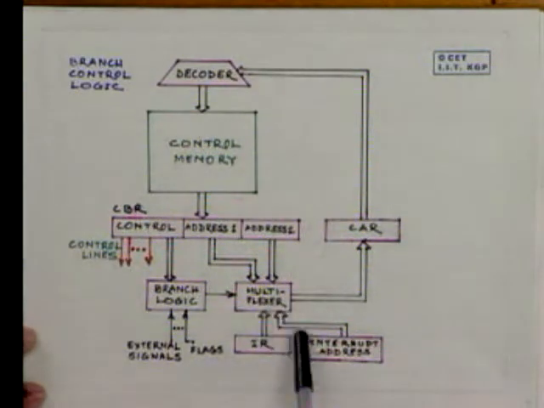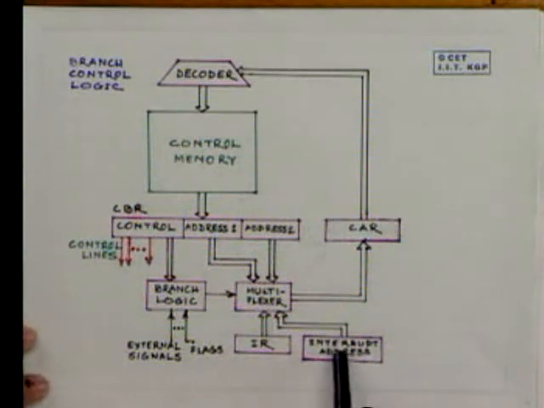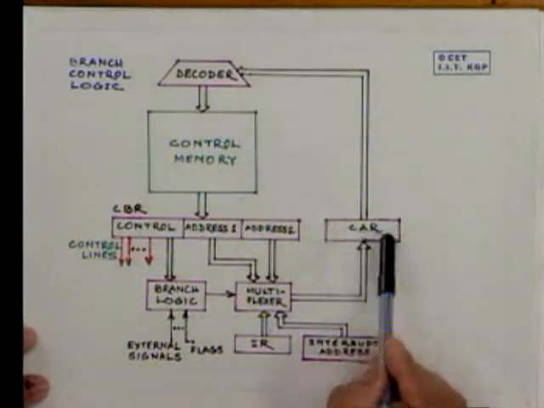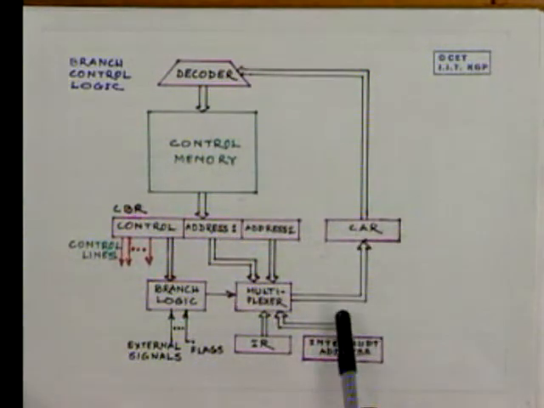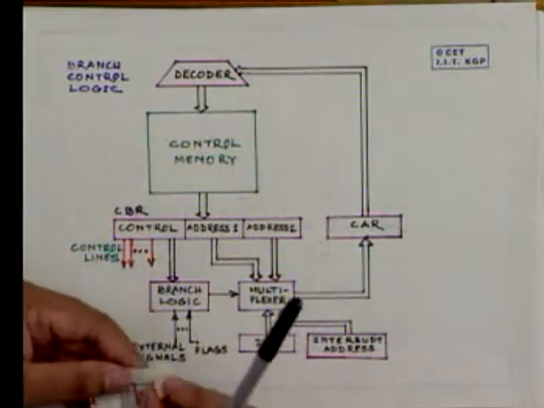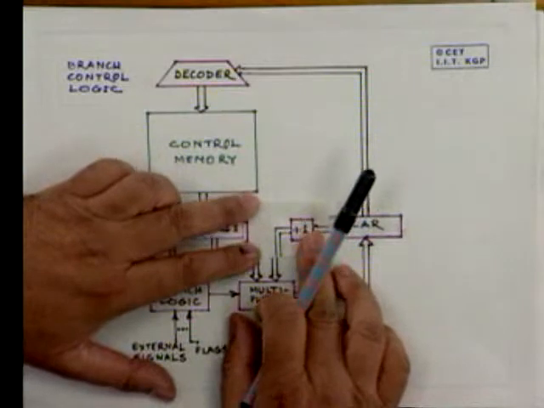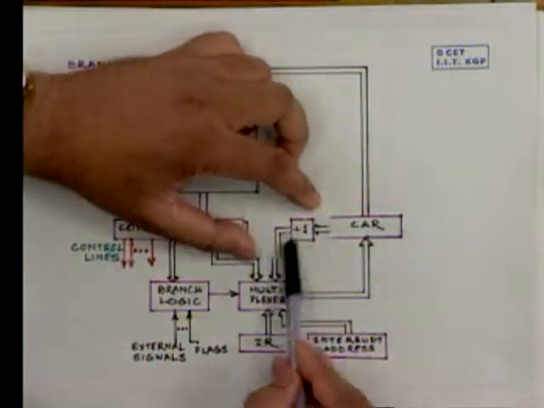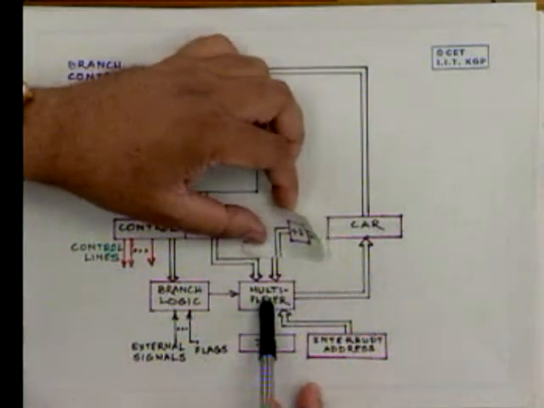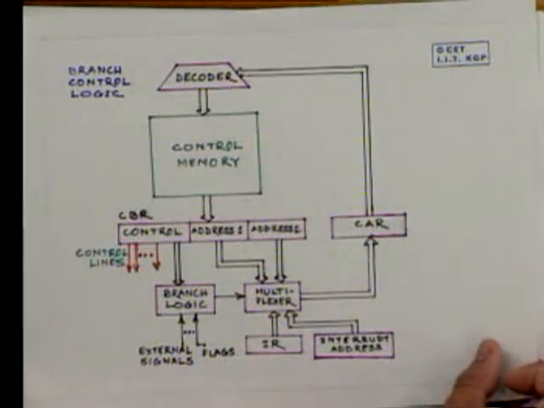One of these four inputs, that means address 1, address 2, instruction register, or the interrupt address, is gated into the control address register, which decides what will be the next instruction executed. Therefore, either you have two addresses or you have the control address register incremented and coming to the multiplexer. These are the two ways that we can execute the branch control logic.